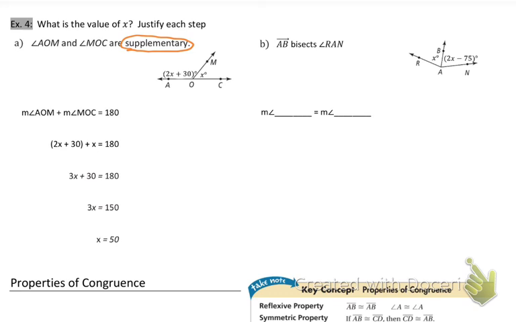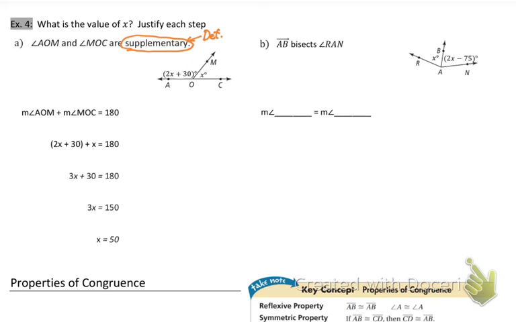A fancy word typically means I need to explain or define it. So when you see a fancy word, your next step is probably defining it, which means if you look at your sheets, these packets, if you turn the page over, you're going to see a whole list of definitions.